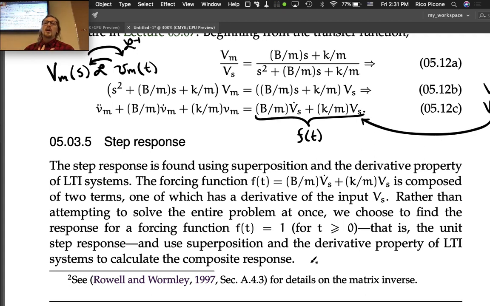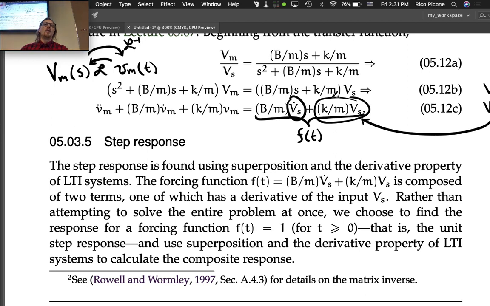If we find the unit step response to the system, we know how to construct the part of the solution over here, because if you scale the input by k over m, according to superposition, you scale the output by k over m.